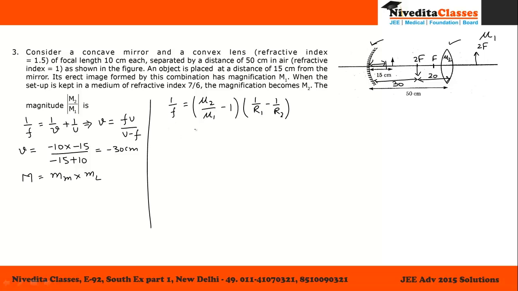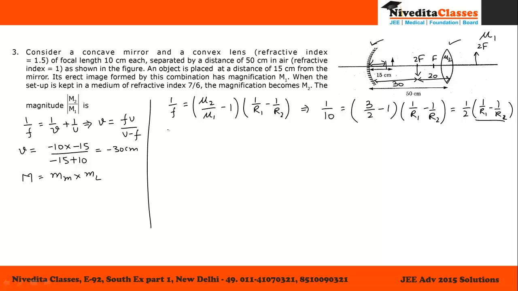In the first case, the focal length given to us is 10. So we can say 1 by 10 is equal to 3 by 2 minus 1 into 1 by r1 minus 1 by r2, which is equal to 1 by 2 into 1 by r1 minus 1 by r2, and from here we get the value of 1 by r1 minus 1 by r2, which is actually 1 by 5.